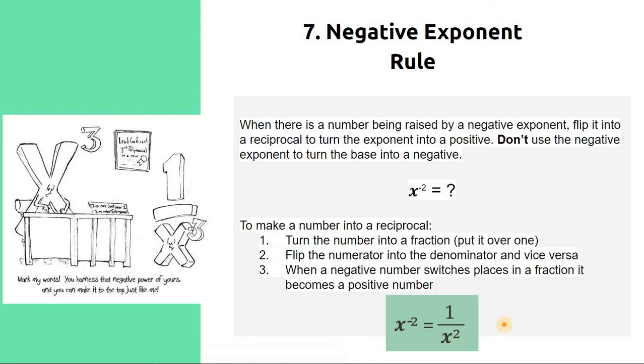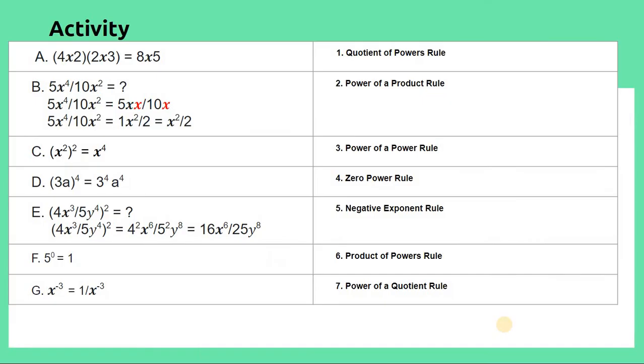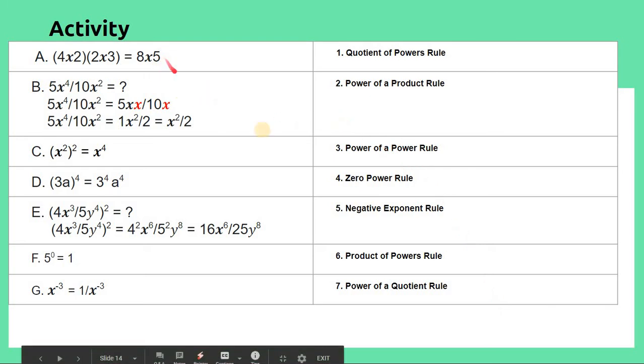So, I hope naiintindihan natin yung 7 exponent or rules of exponent, laws of exponent. Ngayon, in order to test whether we really know what we have discussed, what I would like you to do is to answer this matching type. So, i-match natin siya, whether alin yung katumbas niya dito.